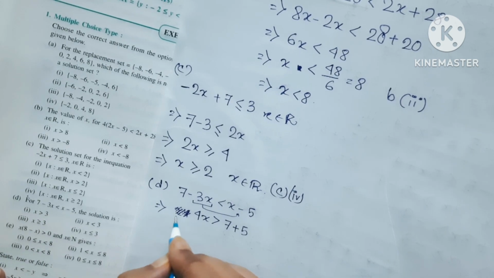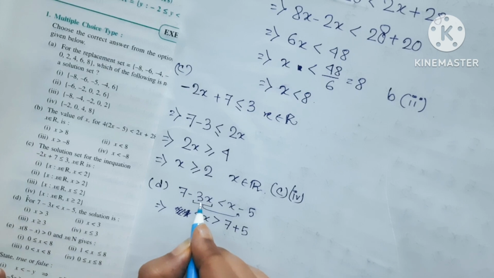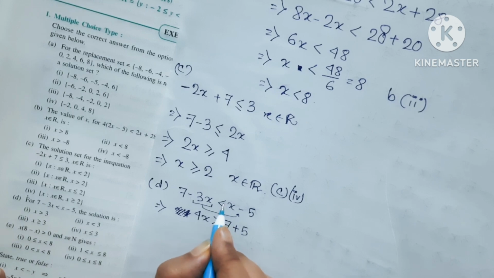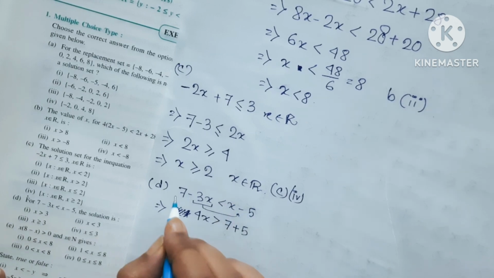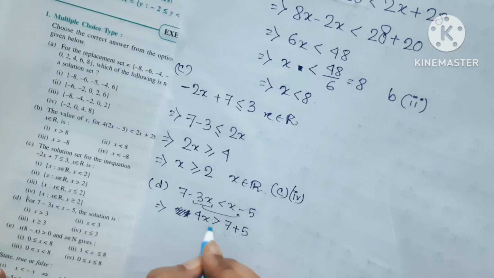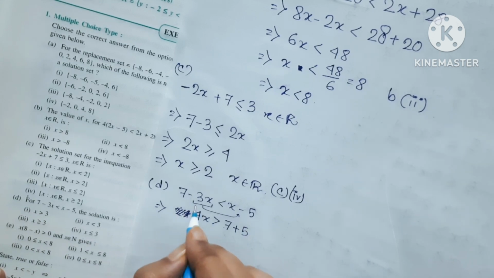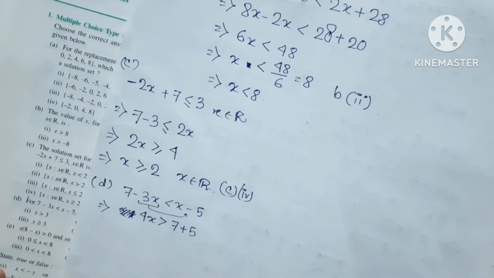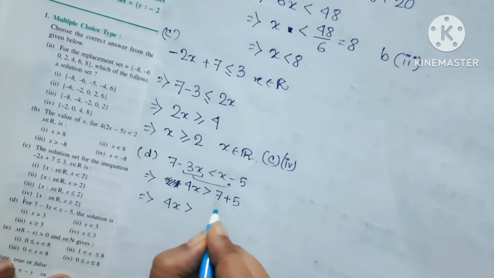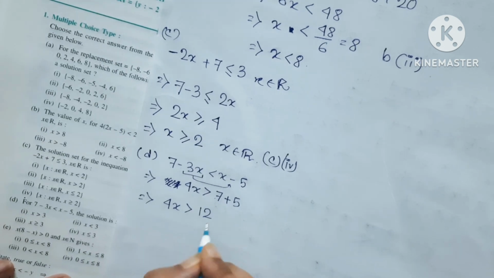3x, so it will become 3x plus x, it will be 4x, and this part is greater than this part. So you can write that part is greater than 7, and here you are transferring this term to this side, so it will become positive. 4x is greater than 7 plus 5 means 12.